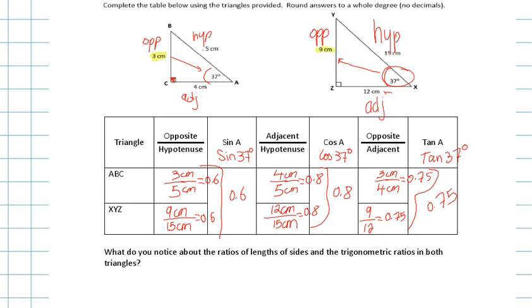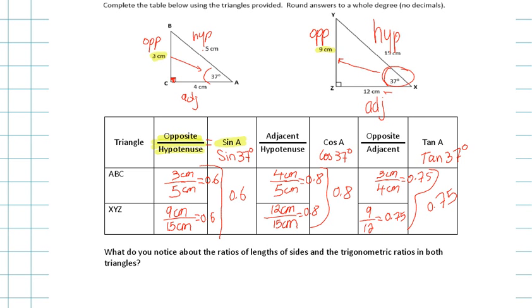So we come up with this formula, or they came up with this formula. They came up that sine A is equal to the opposite over the hypotenuse every single time.